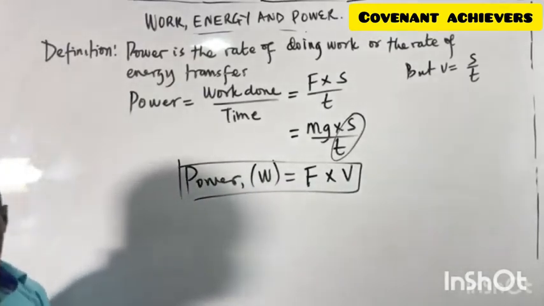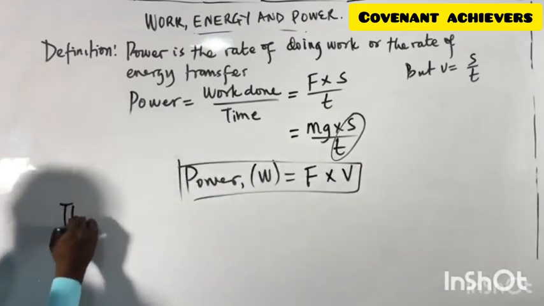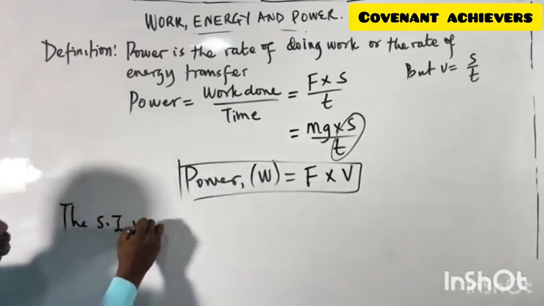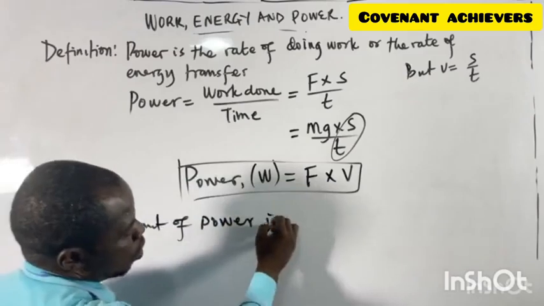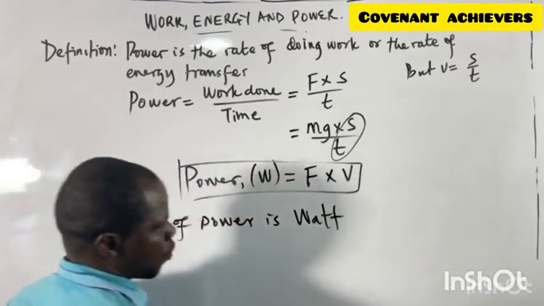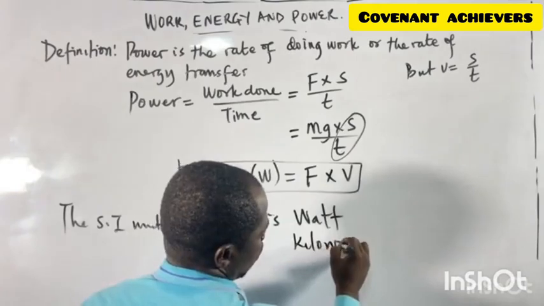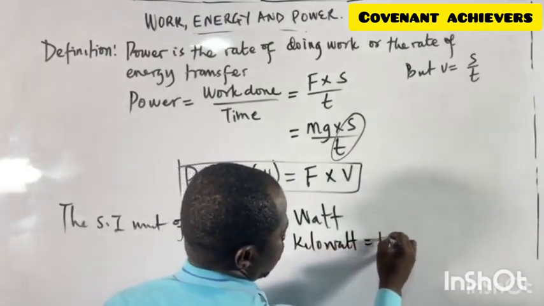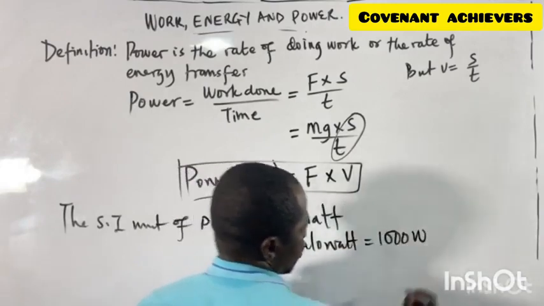And power, as you can see, is measured in watts. The SI unit of power is watts. And we have other units of power. We can have kilowatts, which is 1000 watts.